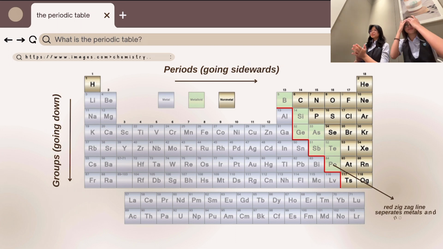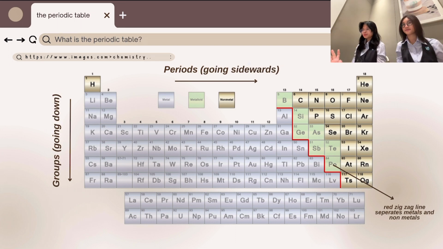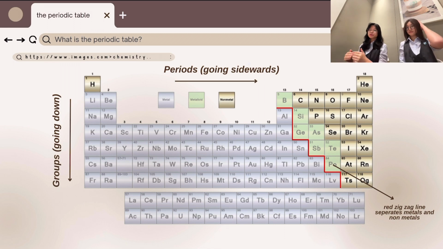Okay, so to help you guys visualize a bit more about how the periodic table is organized, like what Michelle said, the groups going down have the same chemical properties and also have the same number of valence electrons. So hydrogen here isn't considered a group 1 metal because it's not a metal, it's simply a gas. But they do have the same number of valence electrons because hydrogen only has 1 valence electron, right?